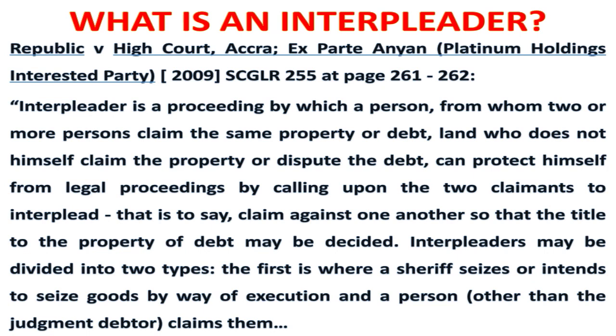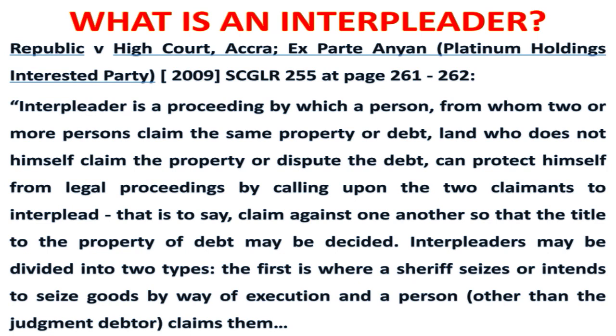As a matter of fact, the only role the registrar is playing over here is that there was a vehicle and then there was a judgment. Judgment was obtained by a judgment creditor against a judgment debtor. The judgment creditor caused a writ of FIFA to be filed and issued. Now the writ of FIFA has been issued. Then what happens in practice is that the judgment creditor is the one who will tell the registrar that this car belongs to the judgment debtor, so seize it.